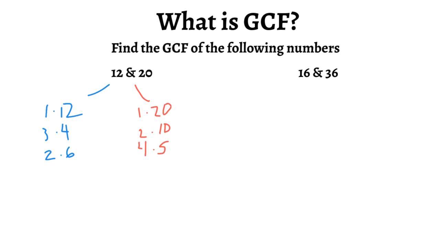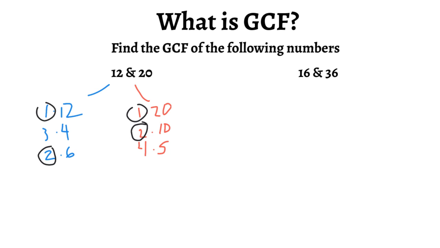Now, if we look at all of these numbers, what is the largest number that they both have in common? They share several numbers in common. I'll do these in black. Notice how they both have a 1. They are both divisible by 2, so they both have a 2.